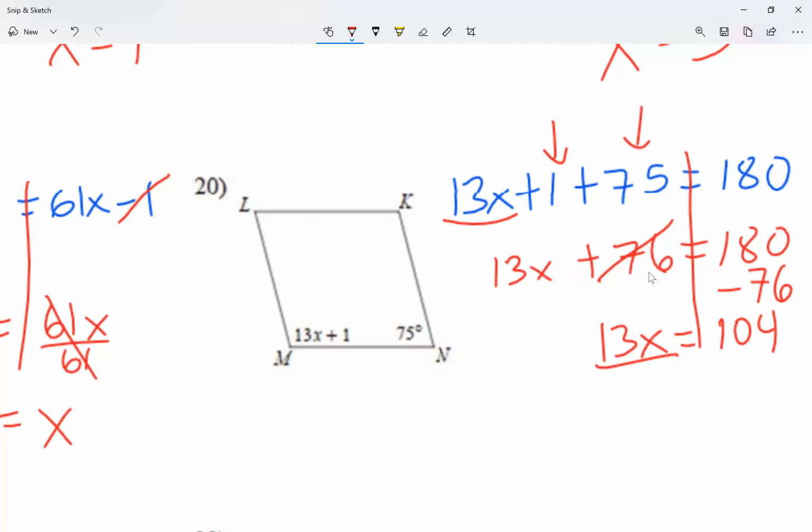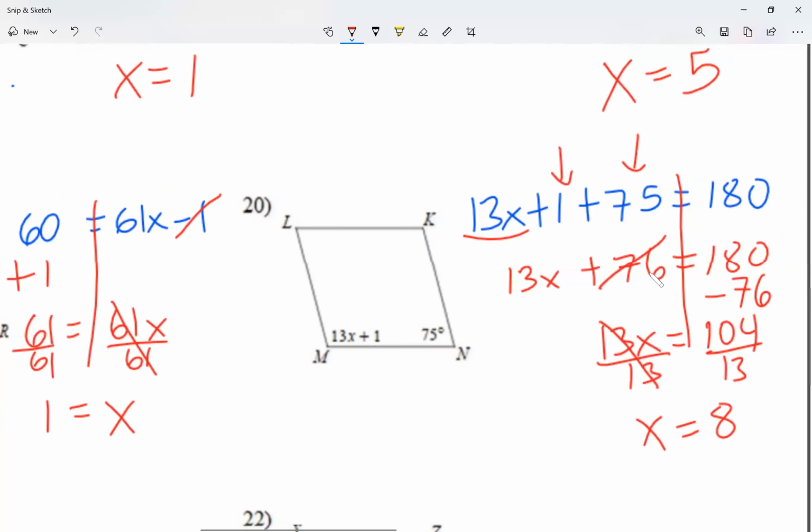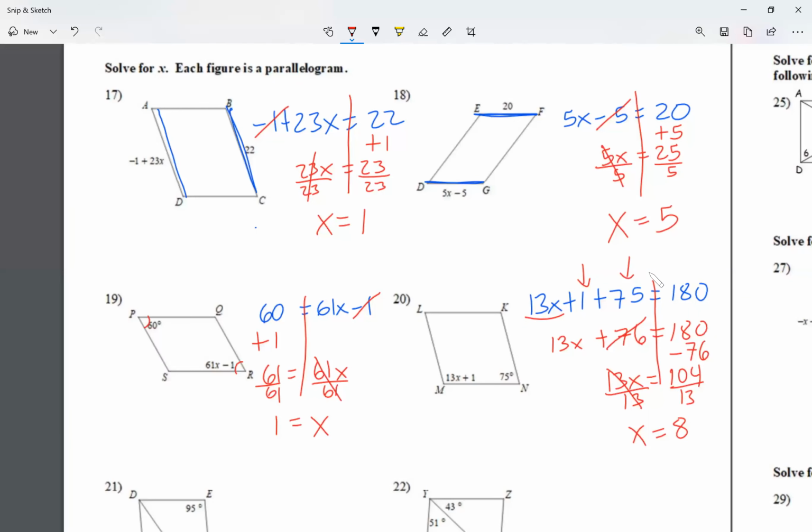Now let me divide both sides by 13. I always divide by the number in front of x, because here 13 divided by 13 is 1x. 104 divided by 13 is 8. So sometimes you might be dealing with the sides, sometimes you might be dealing with the angle.